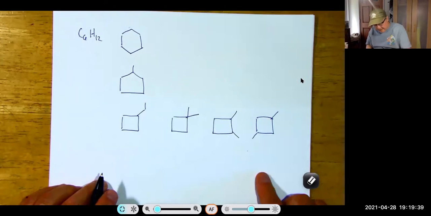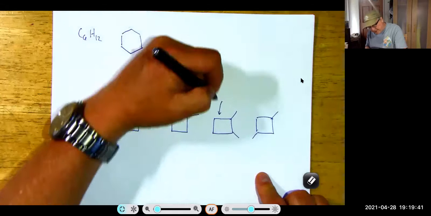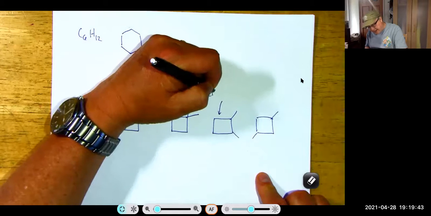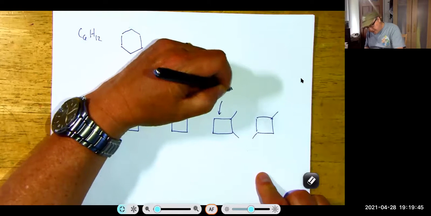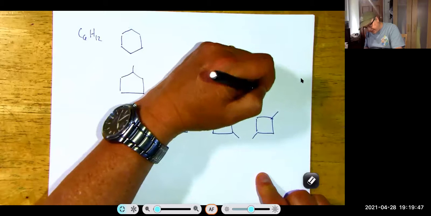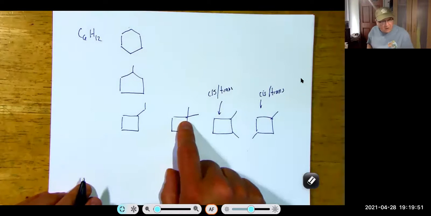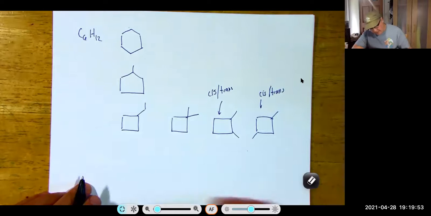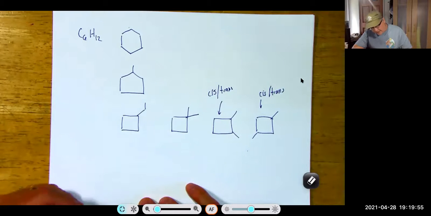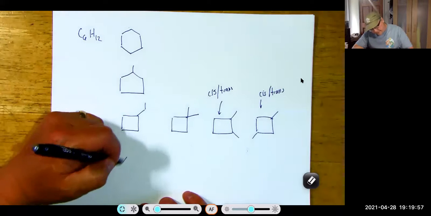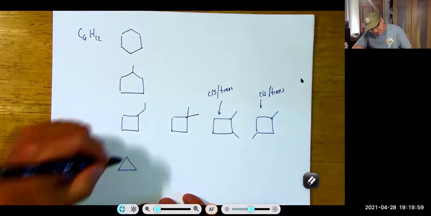Okay. And here, this one has a cis and a trans. And this one has a cis and a trans. This one doesn't because they're both on the same carbon. And then when we go down to 3, we could have this.